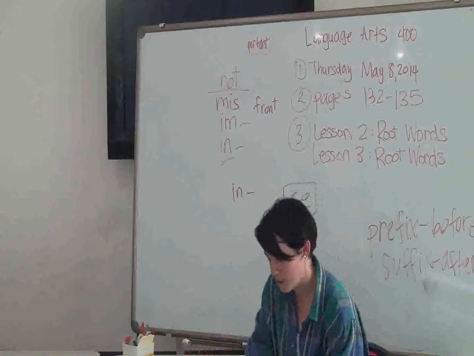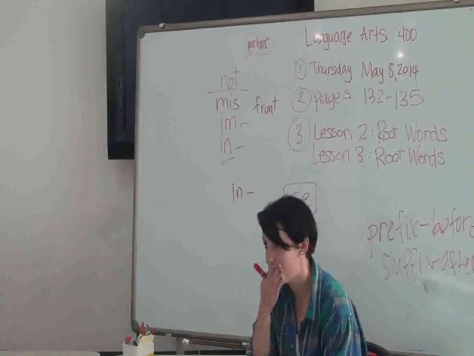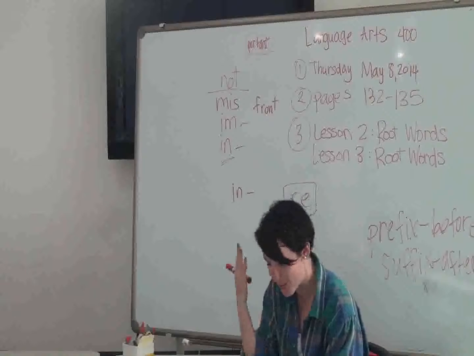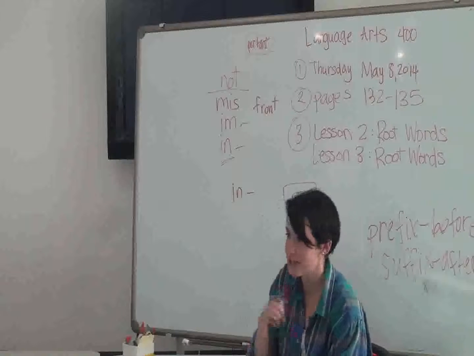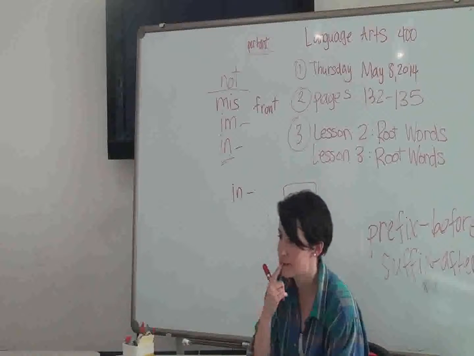8, telegraph. Graph. And next, telephone. Oh. I just said the root word. Telephone. Phone. So what do you guys think tele means? What do you guys think tele means?